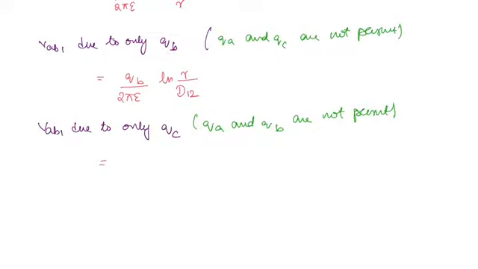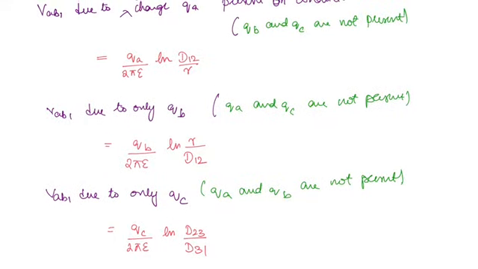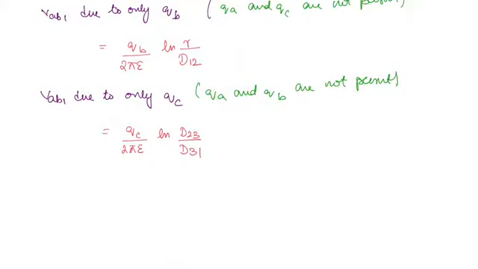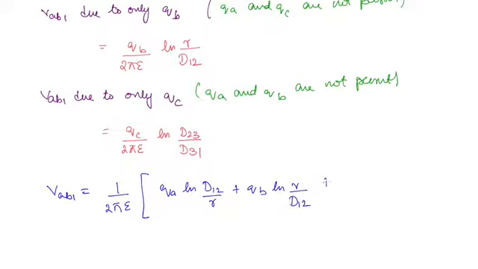So this expression is going to be QC by 2 pi epsilon ln D23 by D31. Now what will be the total voltage? It is going to be the sum of these three. So you can write VAB1 is equal to 1 by 2 pi epsilon, you can take out common, QA ln D12 by R plus QB ln R by D12 plus QC ln D23 by D31.